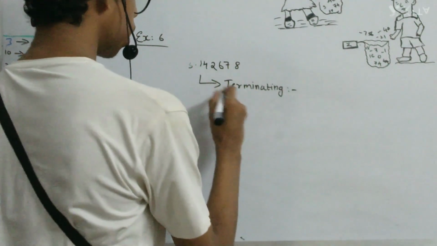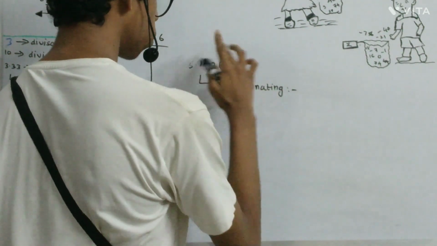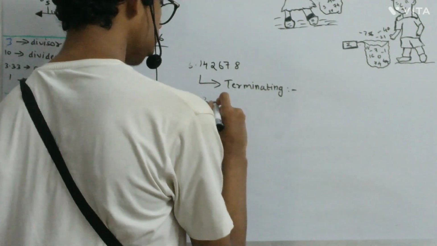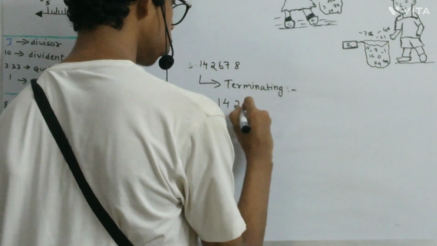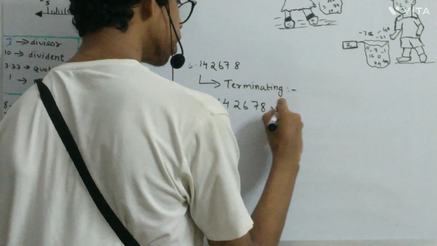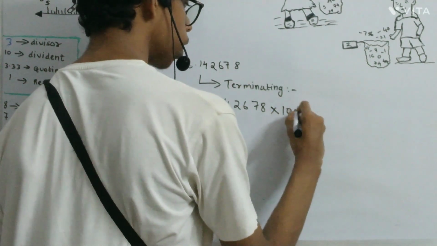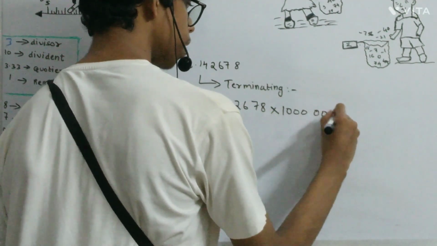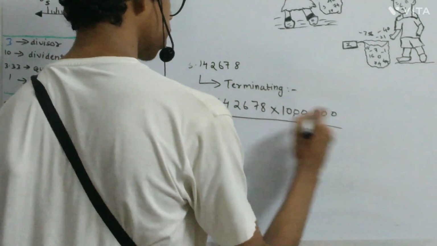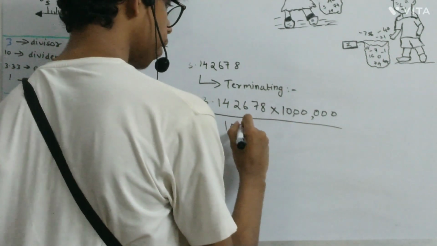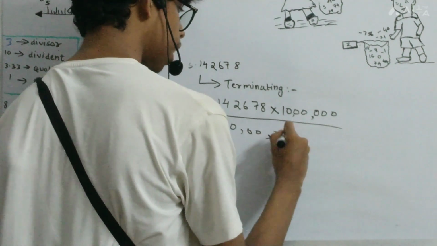We have to multiply and divide with 6 zeros. So 3.142678, I have to multiply it with 10 lakh. Similarly, the denominator also I have to multiply with 10 lakh.